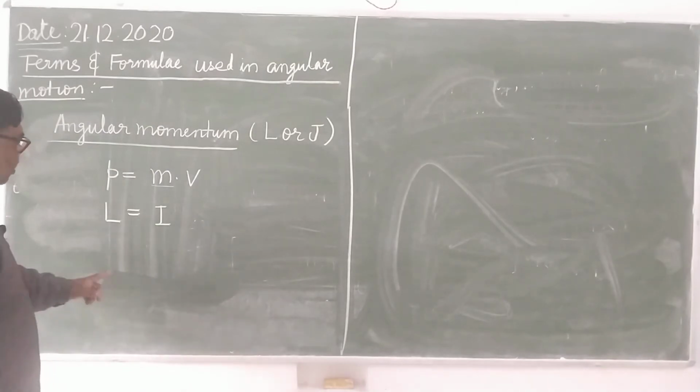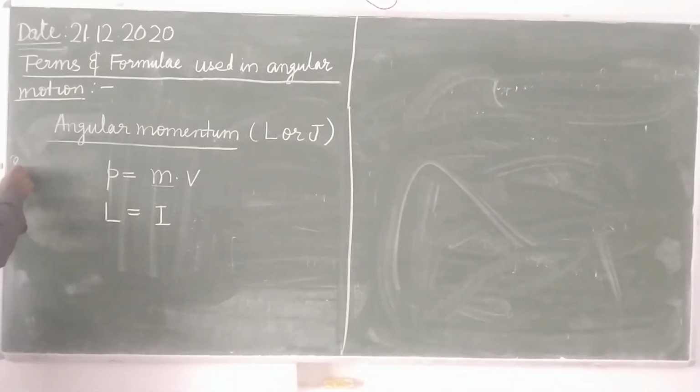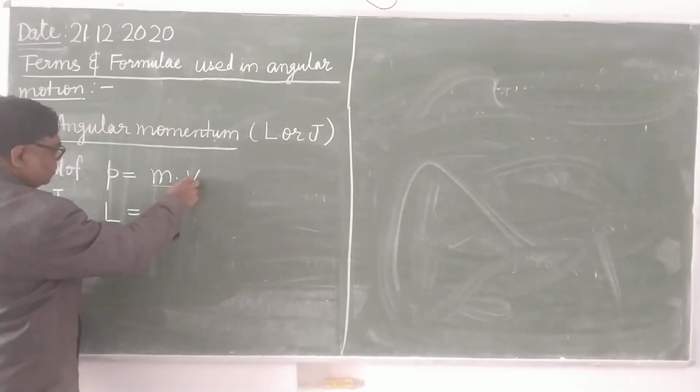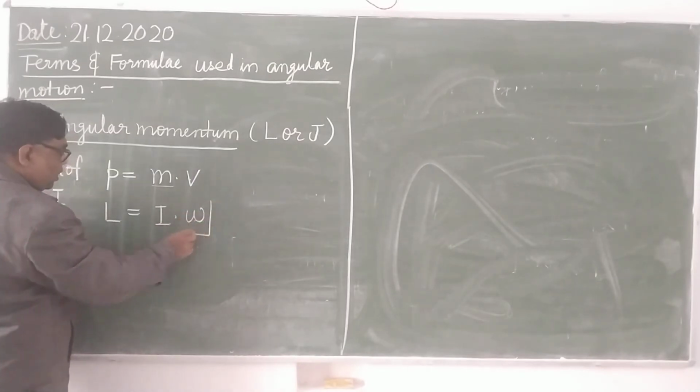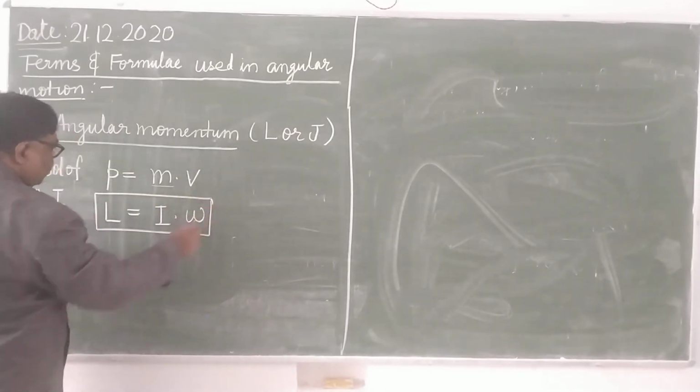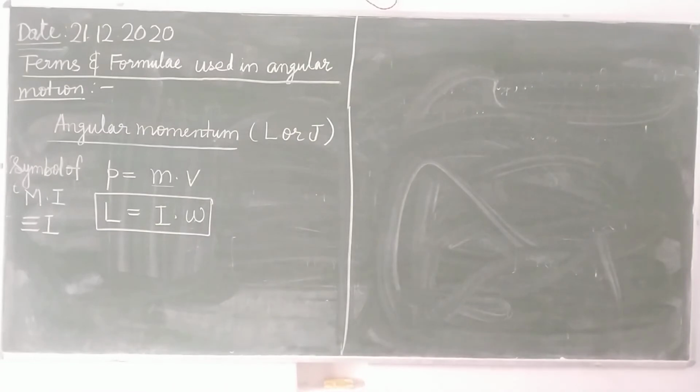What is the symbol of moment of inertia? It is represented by I. Into, in place of v, omega. That is L equals I into omega. This is the formula of angular momentum.